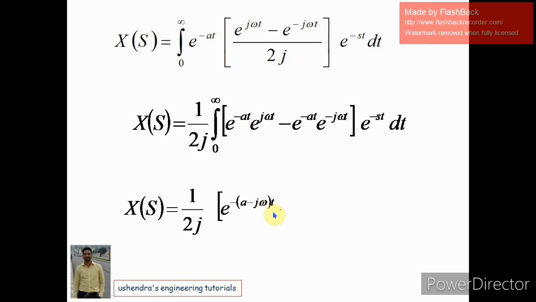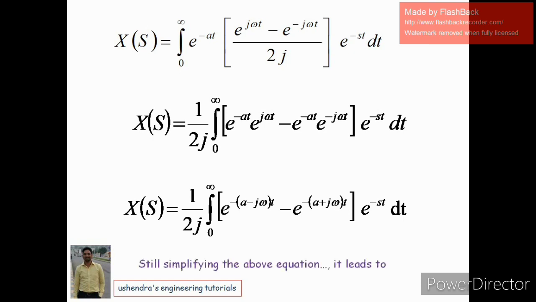Continuing, it's minus of the same way: exponential from these two terms, negative is out, and we are left with a plus j omega and t as common from both the terms. The whole term is multiplied with e raised to minus st, and again it's integrated with respect to t, the limits of integration being 0 to infinity. Hope you understand this one.